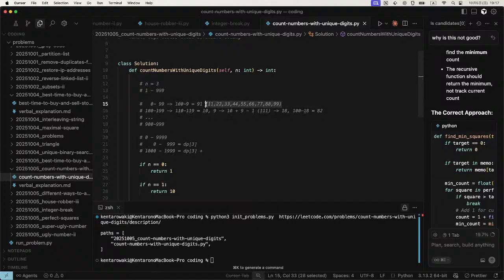So in this case, that is 10 plus 10 and minus 1, that is 1.